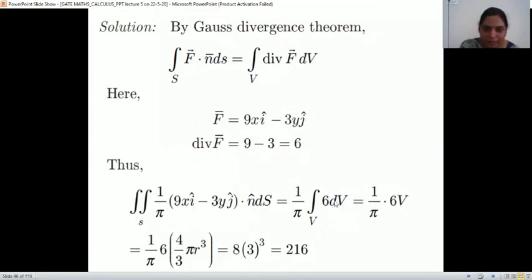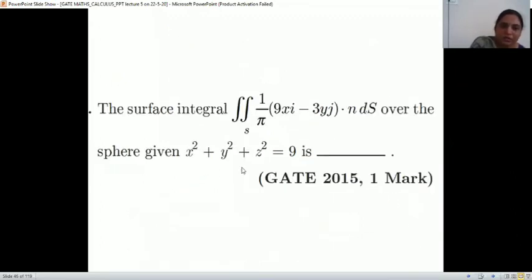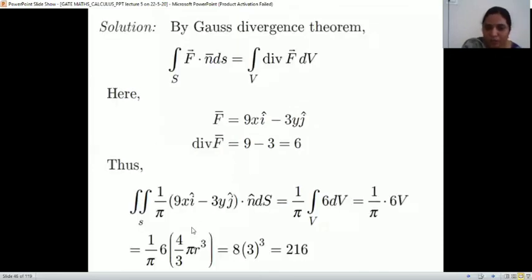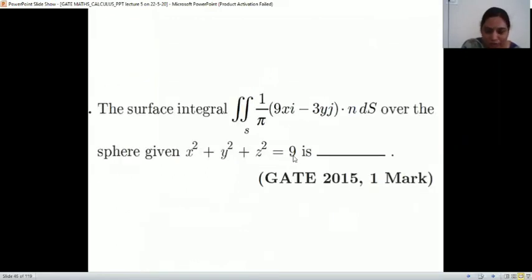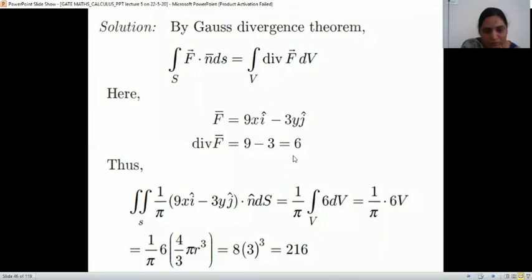But del dot f bar is 6, so 6 dv. 6 will come outside upon pi, and this region is a sphere. The volume of the sphere is 4 by 3 pi r cube. So 6 by pi as it is, 4 by 3 pi, r is here 3, so r cube, 3 cube, and solving we will get the answer 216.